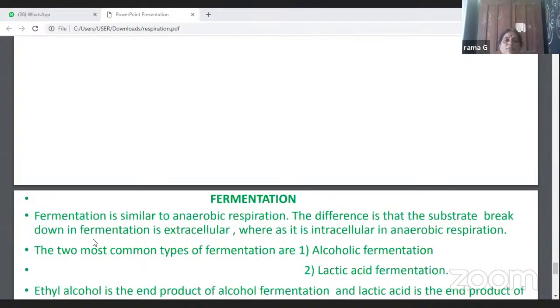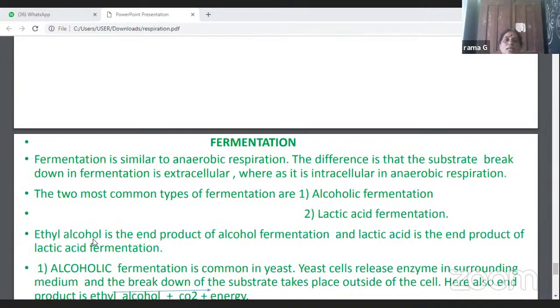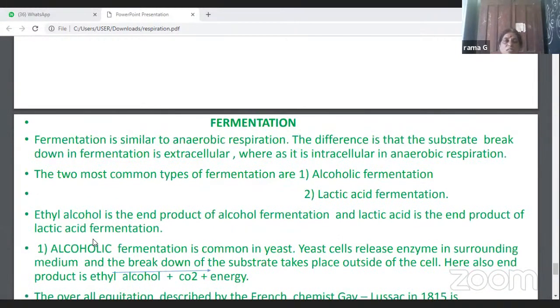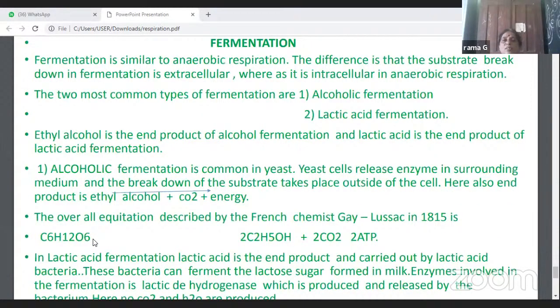And we know fermentation is similar to anaerobic respiration. The difference between these two is only one: fermentation is an extracellular activity, whereas anaerobic respiration is an intracellular activity. In fermentation, we have two types: alcoholic fermentation and lactic acid fermentation.